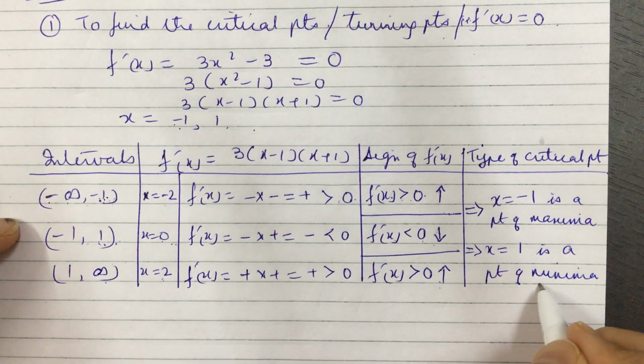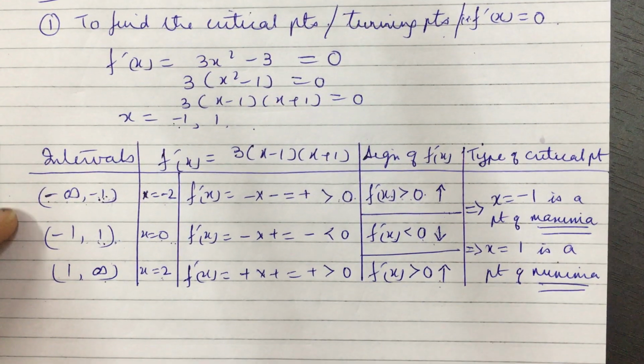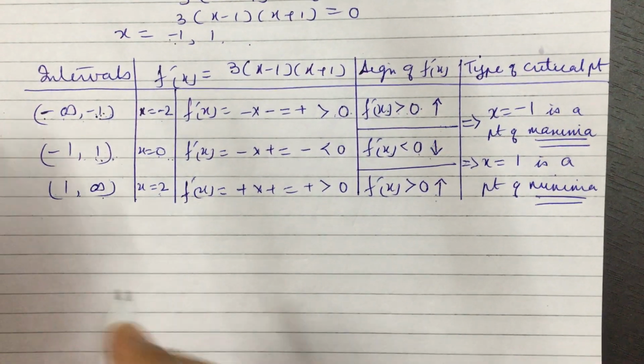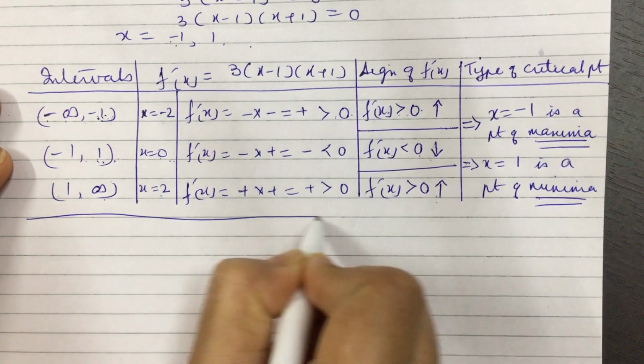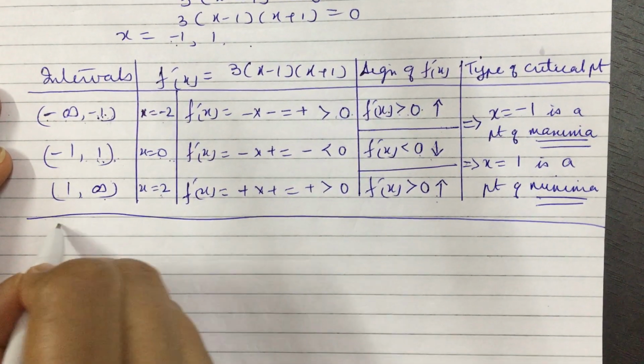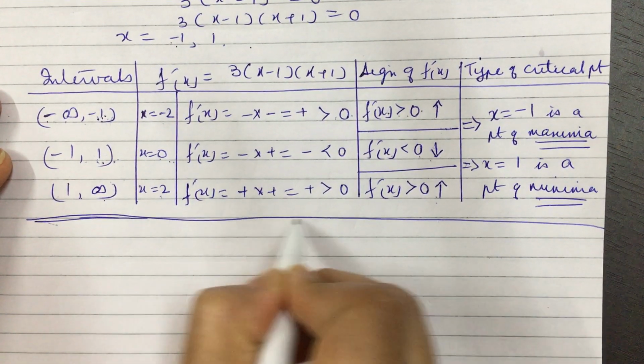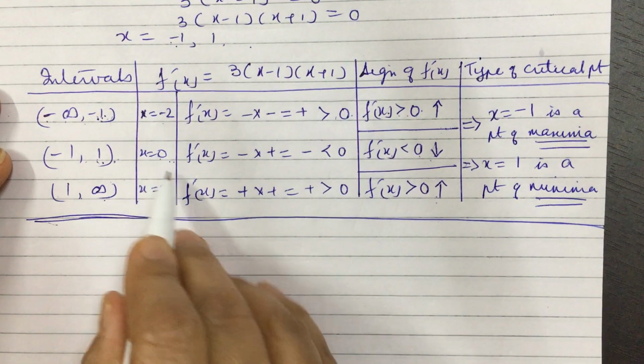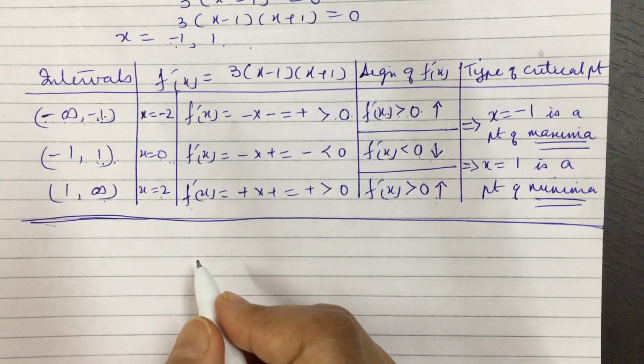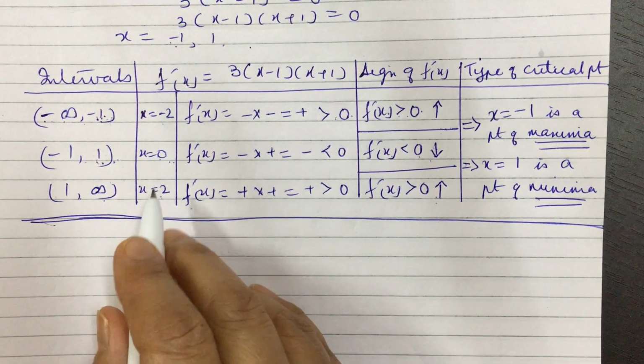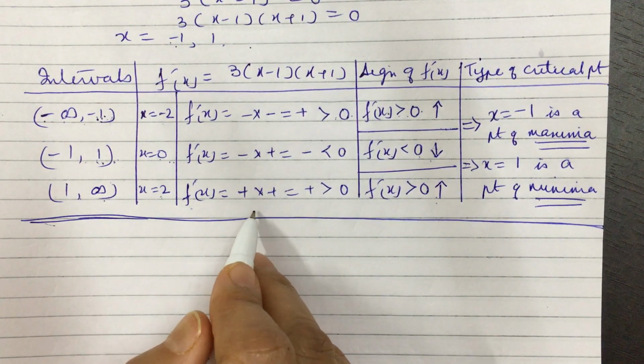So it is a point of minima and this is a point of maxima. This is how we use the first derivative test, but we don't use it very often. Mostly we make use of the second derivative test, which we will be taking up later for all our questions.